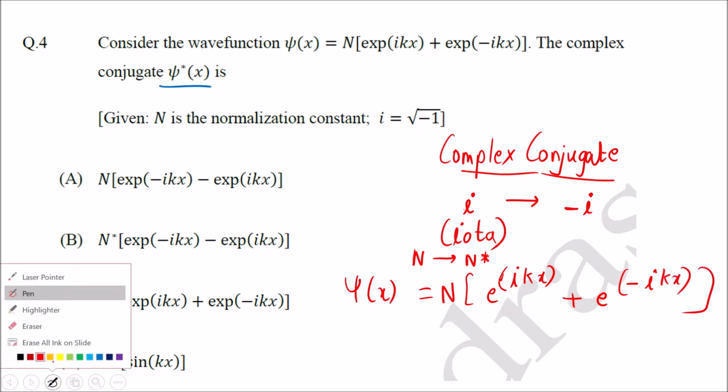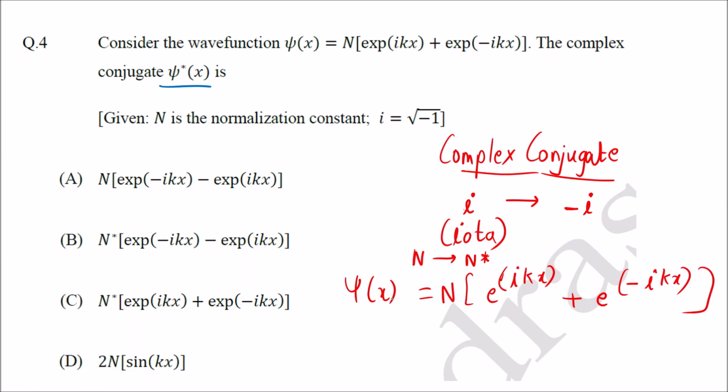Now I have to write down the complex conjugate. So psi star of x, N becomes N star. That is the normalization constant for the complex conjugate. e raised to i kx will become e raised to minus i kx, plus e raised to minus i kx will become, minus into minus i, plus i kx.